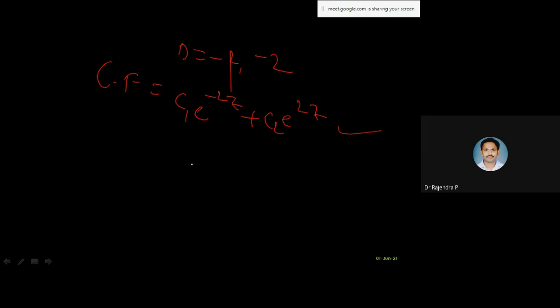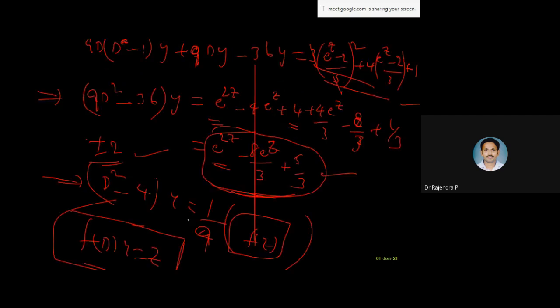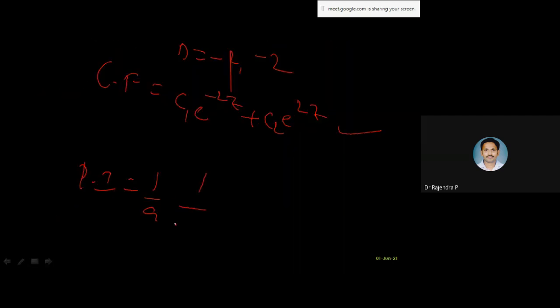Okay. So similarly, finding your particular integral is also actually very simple. What we have is 1 by 9, 1 by d square minus 4 into, we have three functions here.